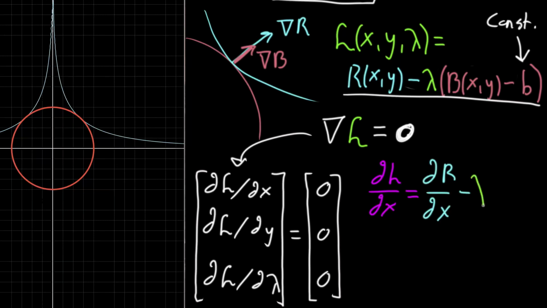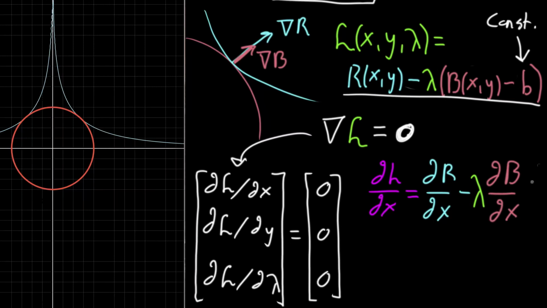So it's going to be lambda. And then the partial derivative of the inside of the parentheses with respect to x, well, it's going to be whatever the partial derivative of b is with respect to x. But subtracting off that constant doesn't change the derivative.